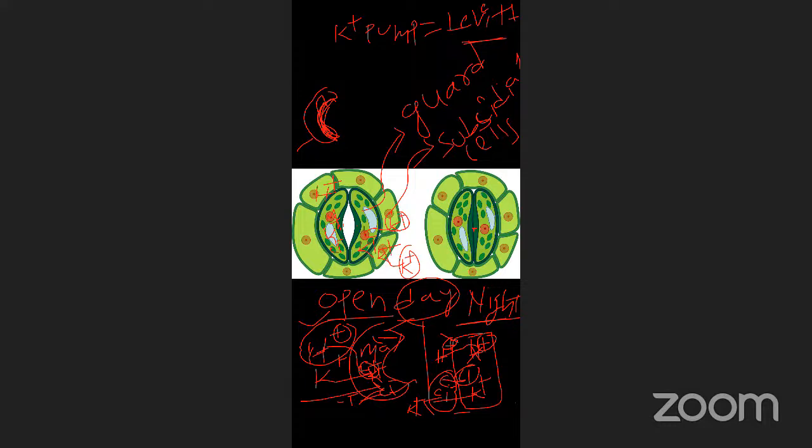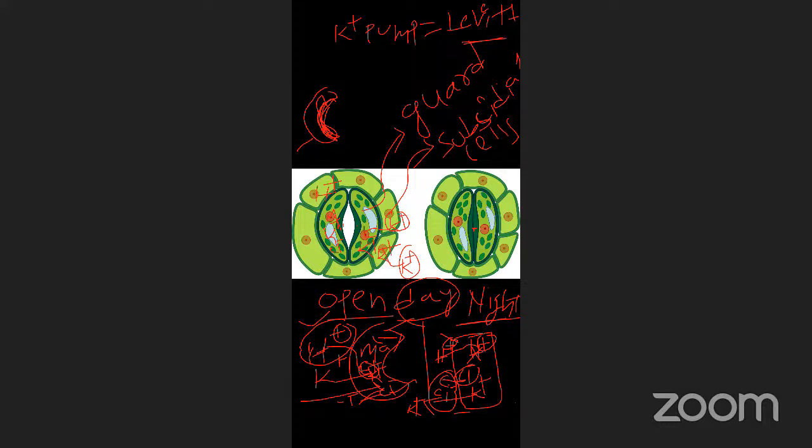Water, sir. Low potential to high potential. Water potential is decreasing in subsidiary cells, and in guard cell it is increasing.